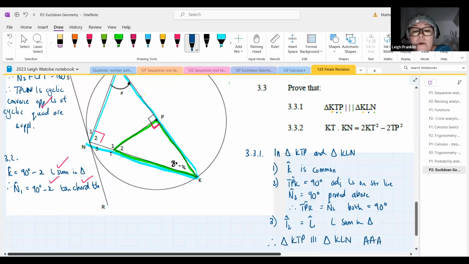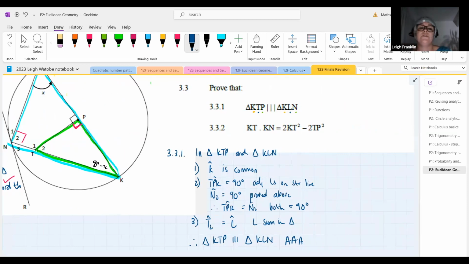Now, when they mark this question, I'm sure your teachers at school have told you this before. I'll just remind you as well. They can mark it in two ways. Either they will mark the first two, because remember, you're not allowed to use angle sum in triangle in either of your first two reasons, and then on the last line.